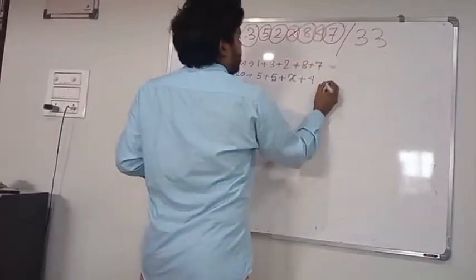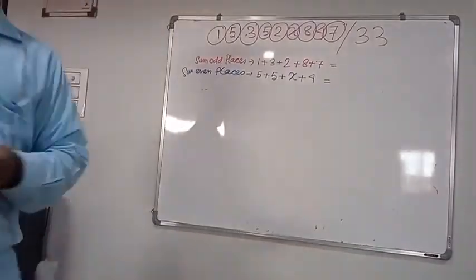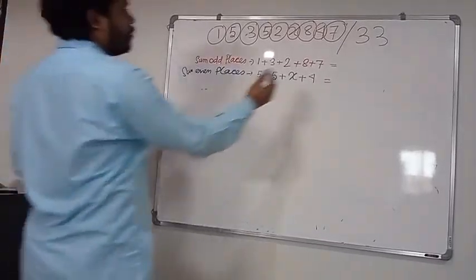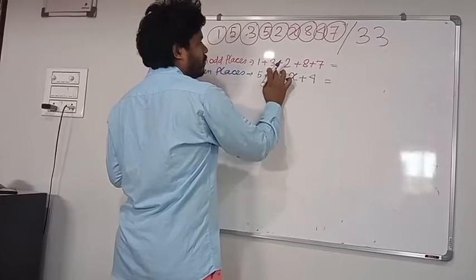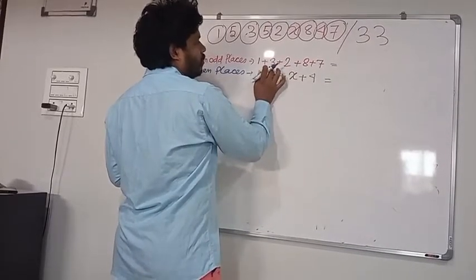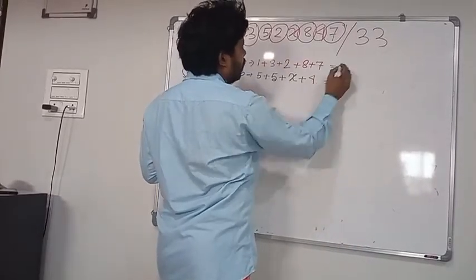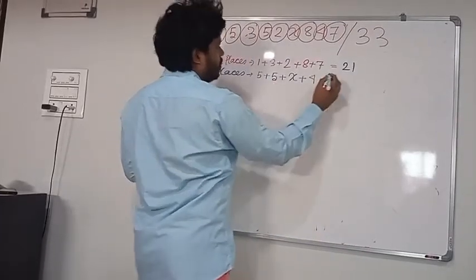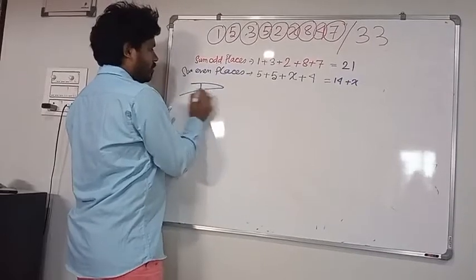So what is the sum of this? 21. And what is the value of this? 40. Yes. Now the difference.